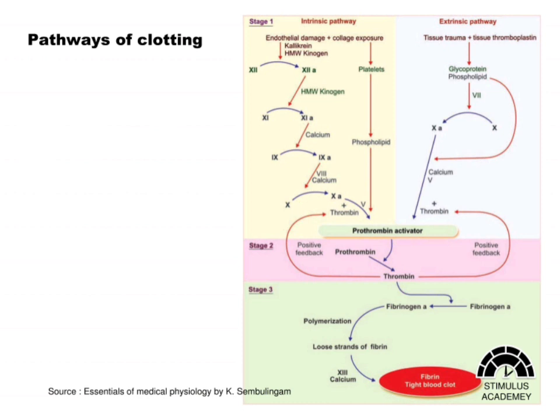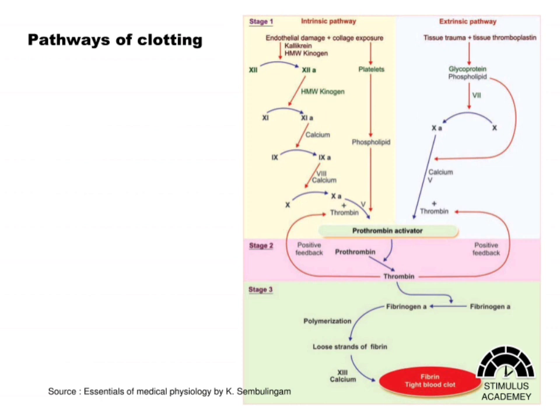But here we will see a gist of the pathways of clotting. Basically, there are two types of pathways: the intrinsic pathway and the extrinsic pathway. What we need to understand here is that the pathways of clotting can be initiated by two processes: tissue trauma or endothelial damage.